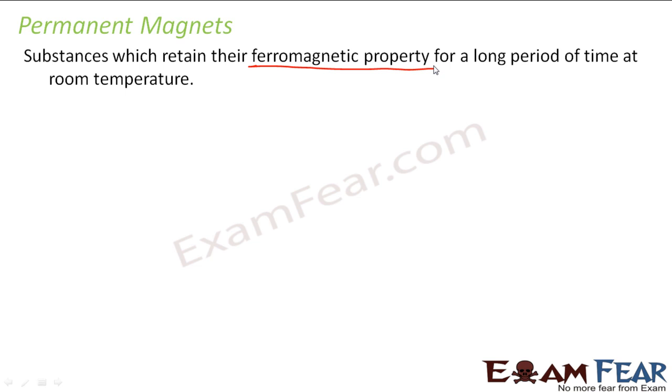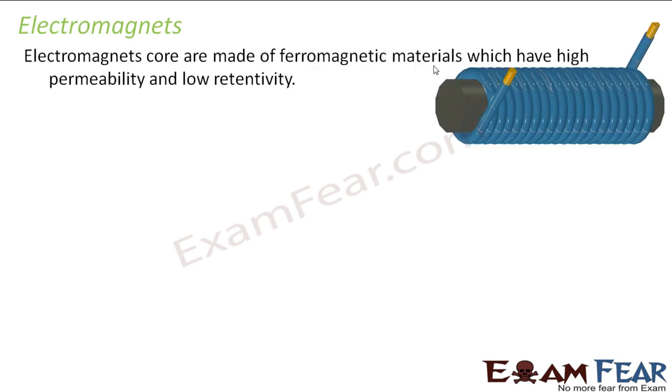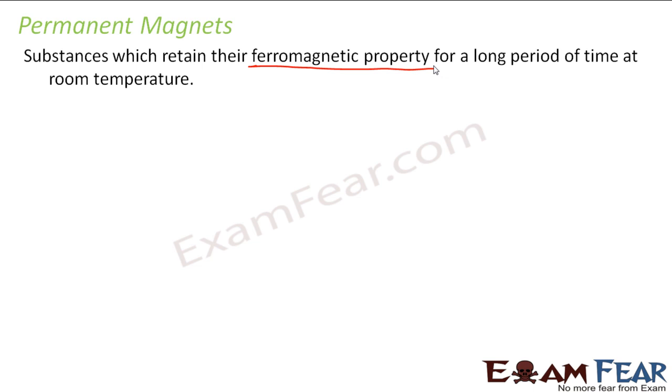Now, for permanent magnets, what kind of materials would be suitable? Considering the hysteresis loop, we can say that the materials which have very high retentivity and very high coercivity will be good for permanent magnets.